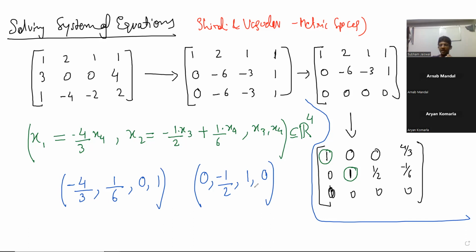Using these 2 vectors, you can get all the solutions. Is this correct? Right? Because this is the same set. Okay. So you can see this is the same set. Yes or no?